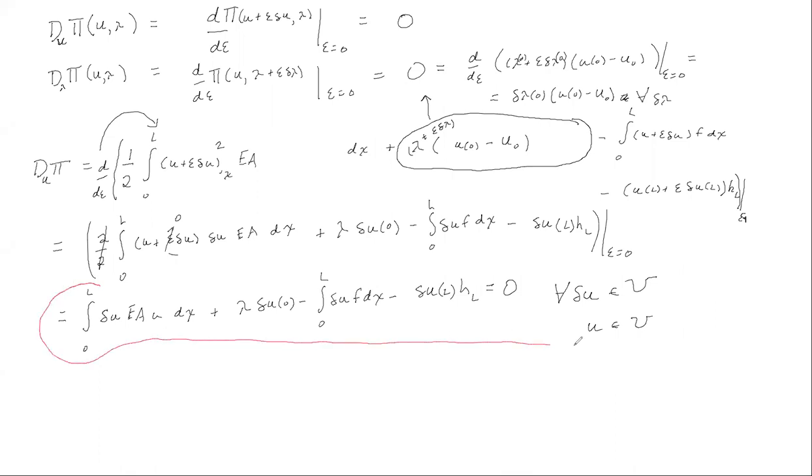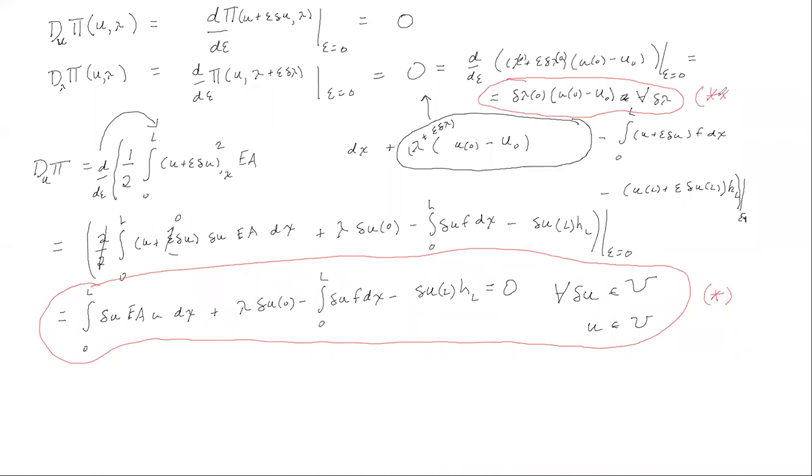This is our weak form now for our finite element problem. This one and this one. So if you want to restate, let's call this equation star, and this equation double star. What we want to do is find u in some appropriate function space, and lambda. Normally you would find it in a function space, but remember, it's just a number, right?